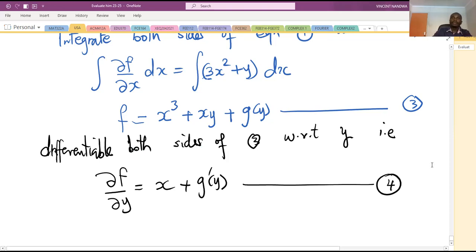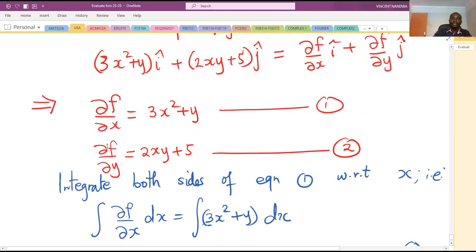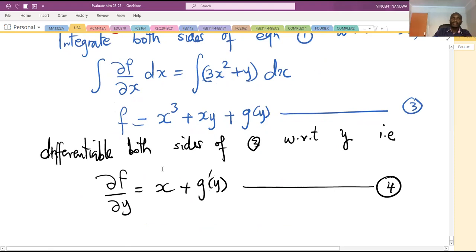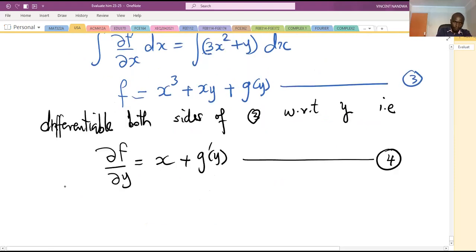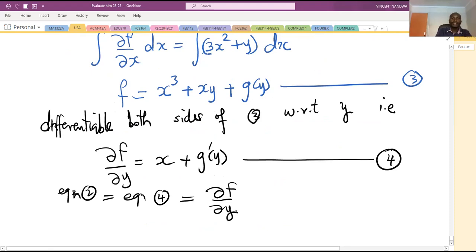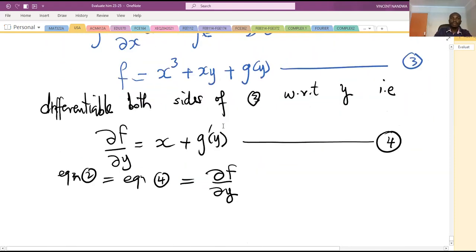And then now, if you observe keenly, equation 4 and equation 2 are the same because all of them are defining partial f partial y. So equation 2 equals equation 4. So therefore, let's equate the expression for partial f partial y in equation 2 to equation 4. In equation 2, we have 2xy plus 5.